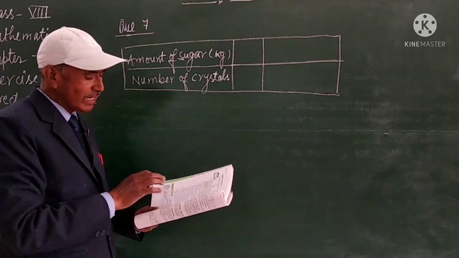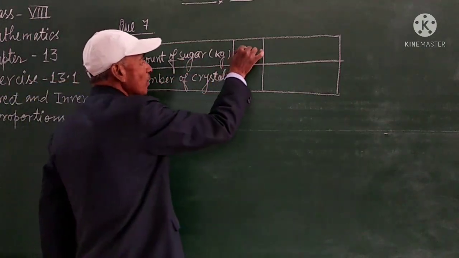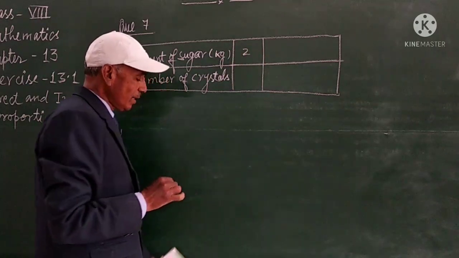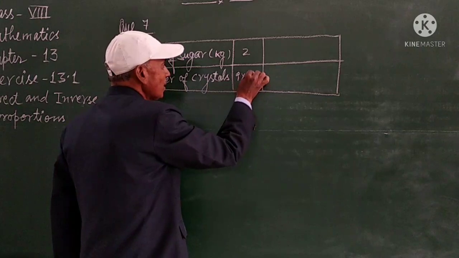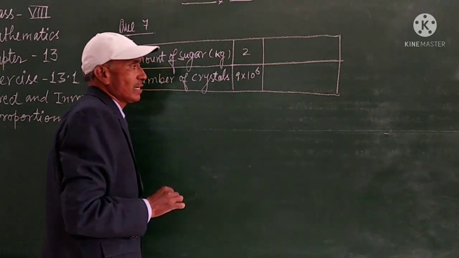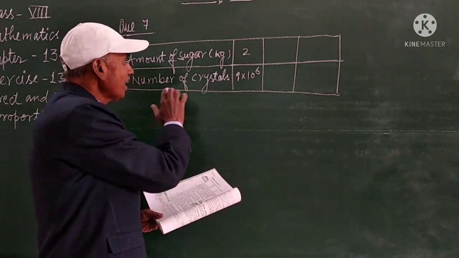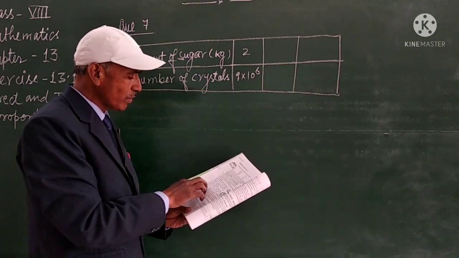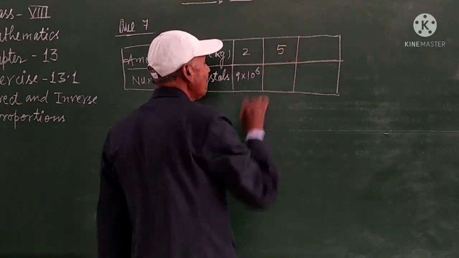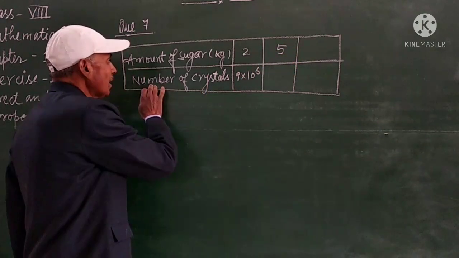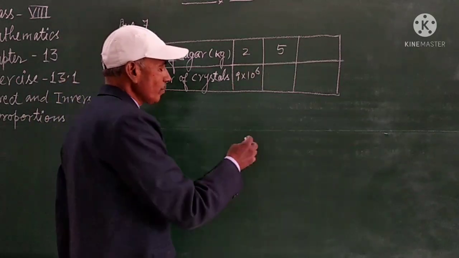If the quantity of sugar, or amount of sugar, is 2 kilogram, then the number of crystals is 9 into 10 to the power 6. And what will be the number of crystals if the quantity of sugar is 5 kilogram? In the first case, it is 5 kilogram. Then what will be the number of crystals in 5 kilogram sugar?